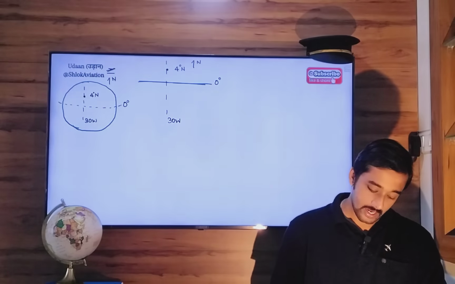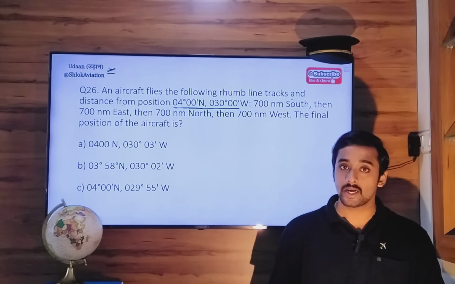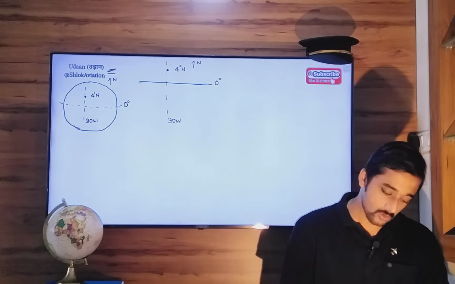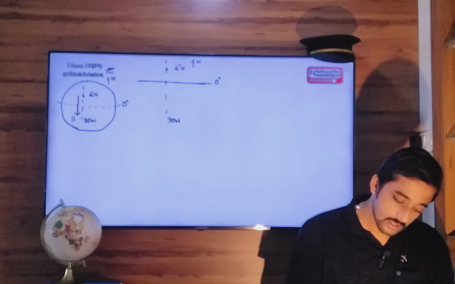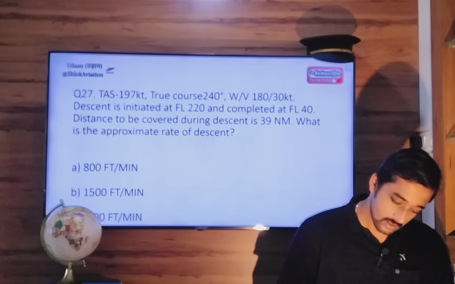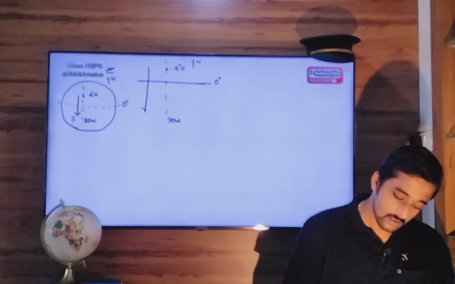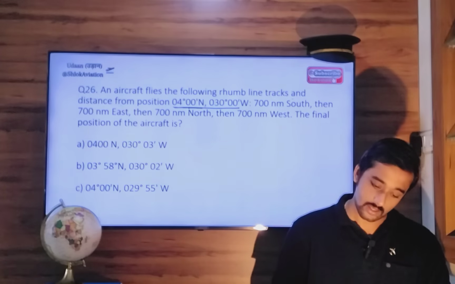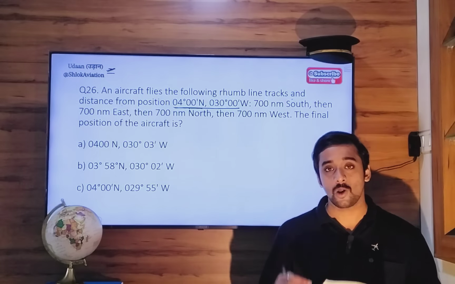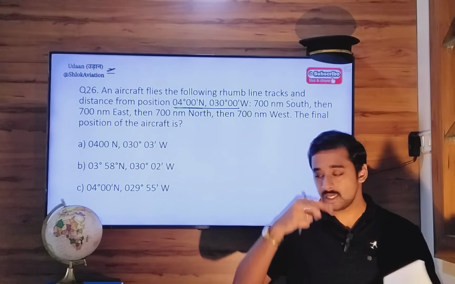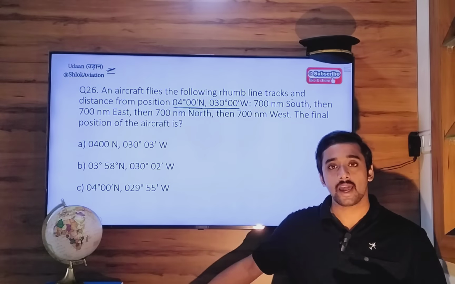Now from this 4° north position, it flies 700 nautical miles south direction.